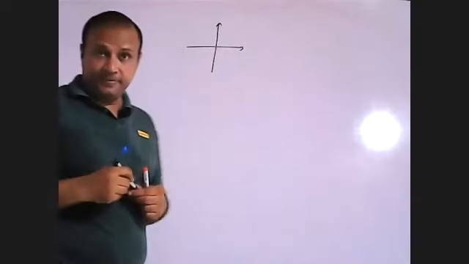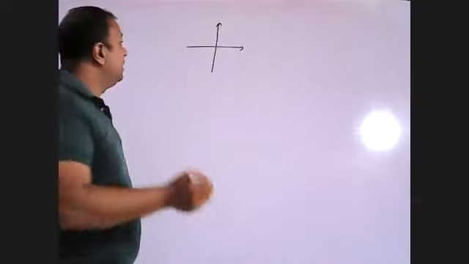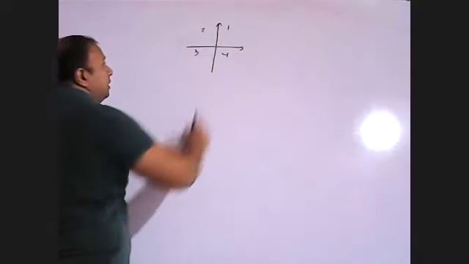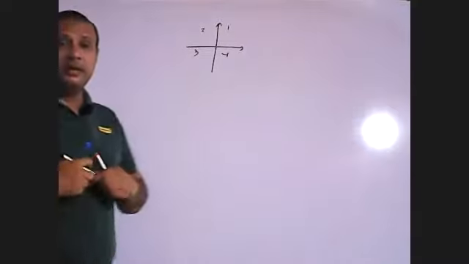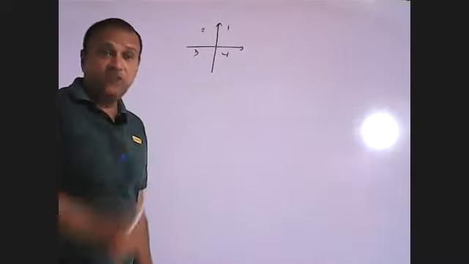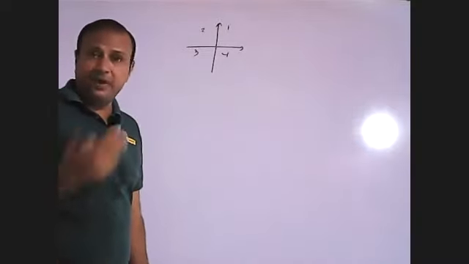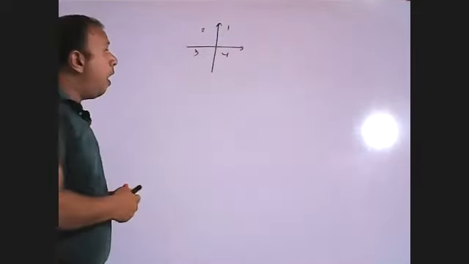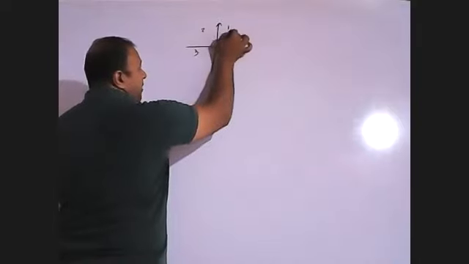According to the quadrant, there are 4 quadrants, 1, 2, 3, and 4. According to the quadrant, the sign of the trigonometric functions will vary. In quadrant 1, the first quadrant, all the trigonometric functions are positive.